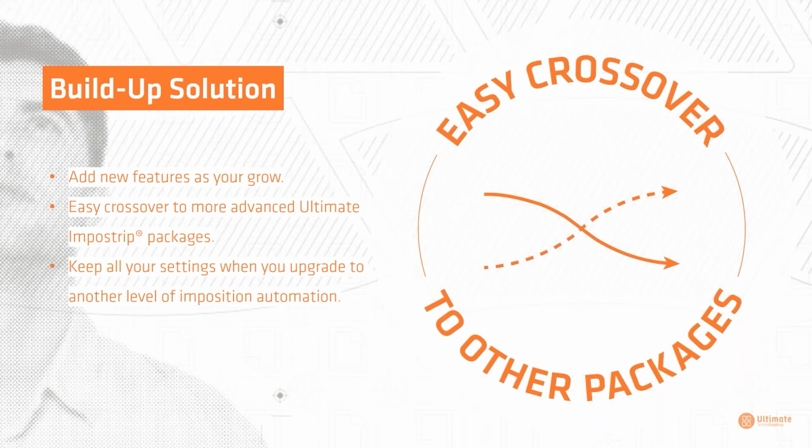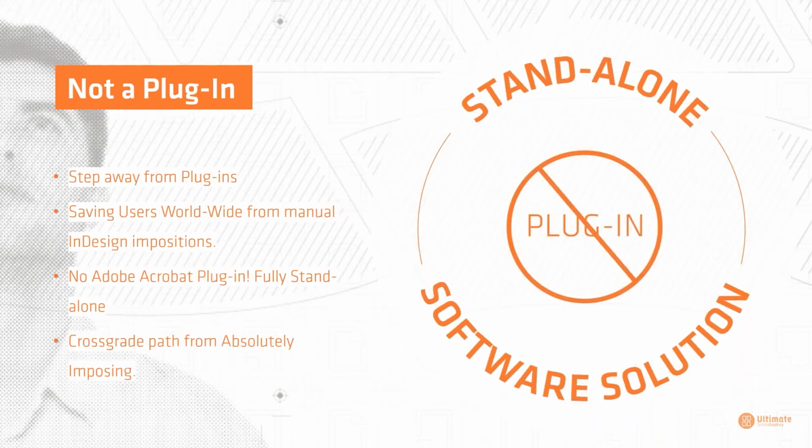This is part of the migration or crossover path that you can select with the complete solution set of Ultimate ImpoStrip. So it's very easy to go from Must to the other solutions as your production requirements evolve in terms of automation. For example, if you need dynamic barcodes, all our other level solutions have those kinds of features, and it's very easy to go from one to the other.